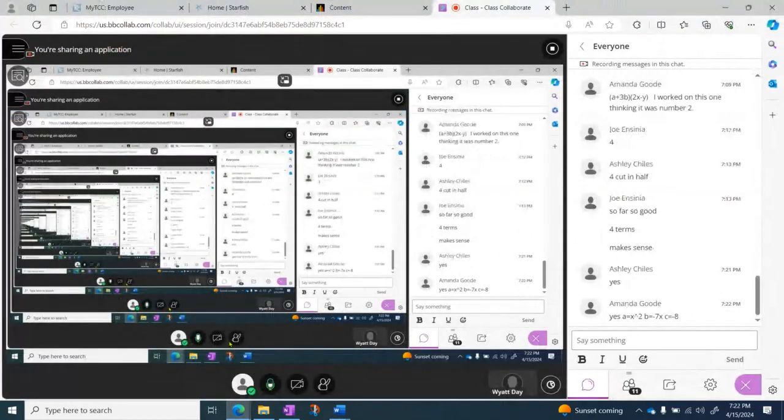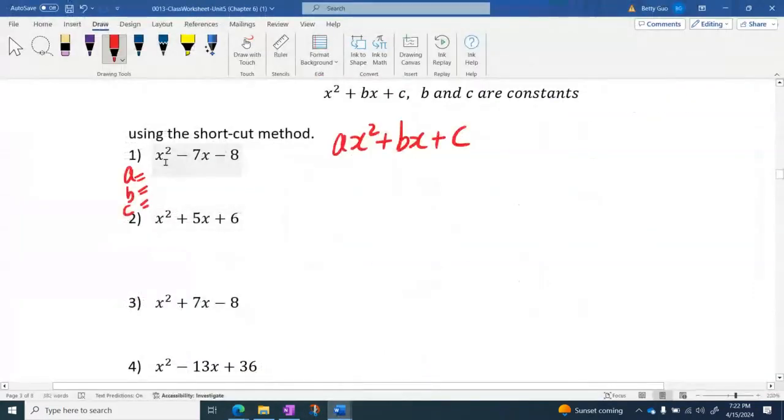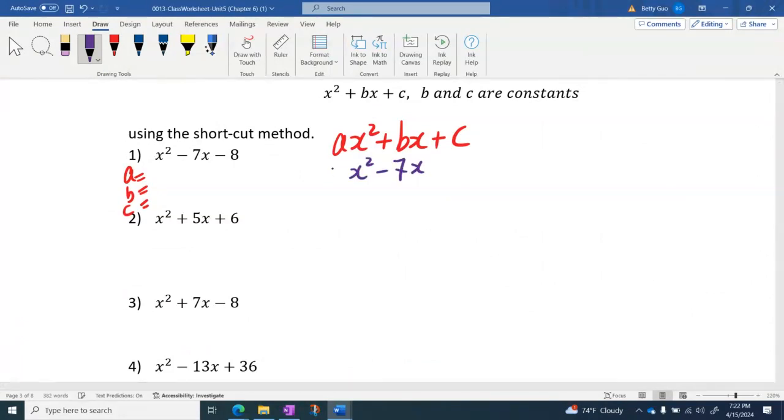Yes, it is. By the way, A, B, C are going to be numbers, not terms. A is the coefficient of x squared. B is the coefficient of x. C is the constant term. So if I write the polynomial right below this, x squared minus 7x minus 8.